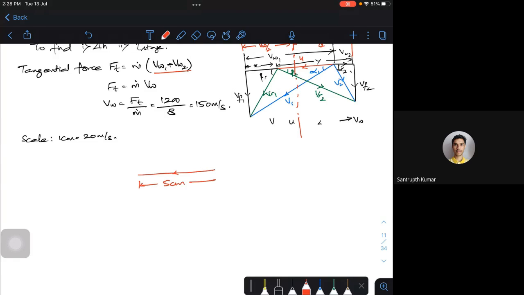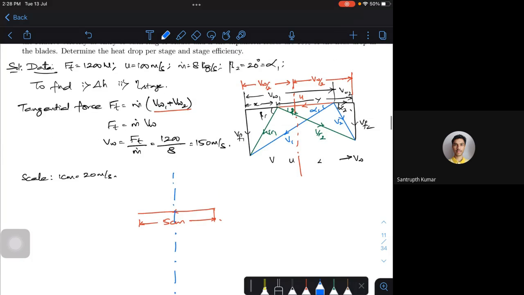Then you mark the center for this. From here, you take 75 meters per second to the right hand side and 75 meters per second to the left hand side.